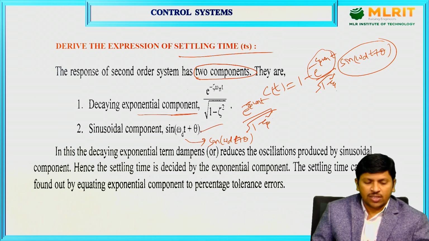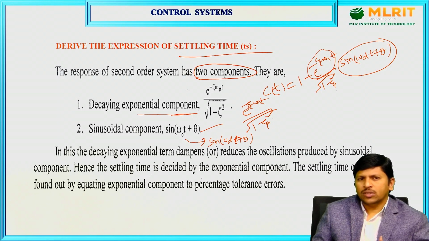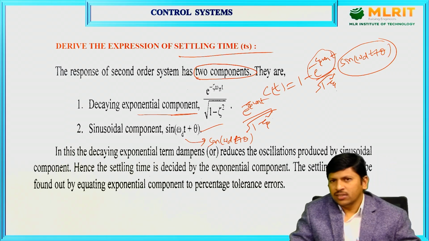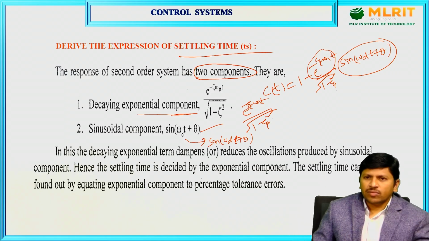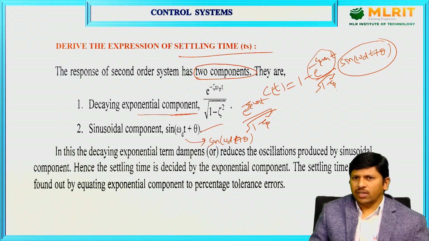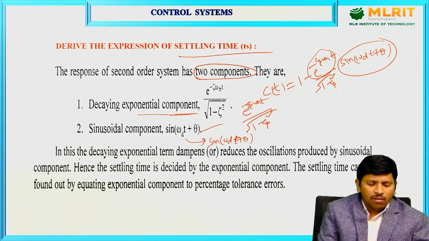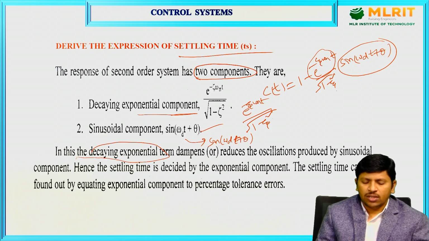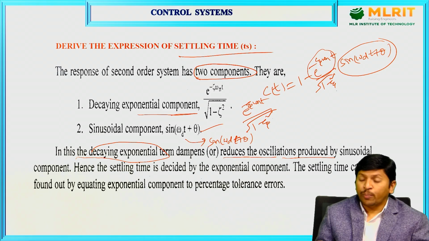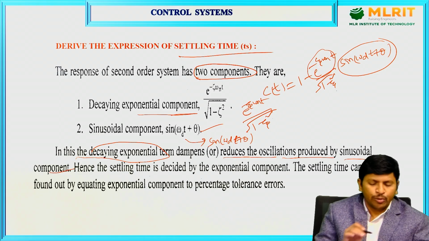Settling time means the time for the response to reach some specified error, right? This decaying exponential term reduces the oscillations produced by the sinusoidal component.